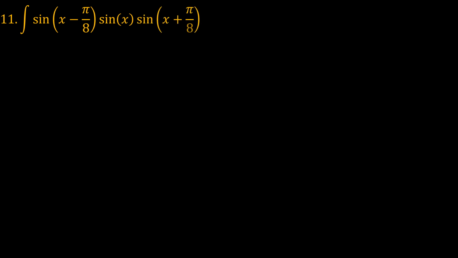So problem number 11 happens to be the indefinite integral of sine of x minus pi over 8, times sine of x plus pi over 8. Let's try to focus on these two factors.